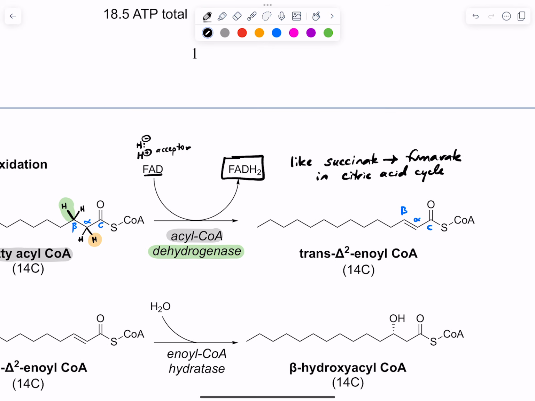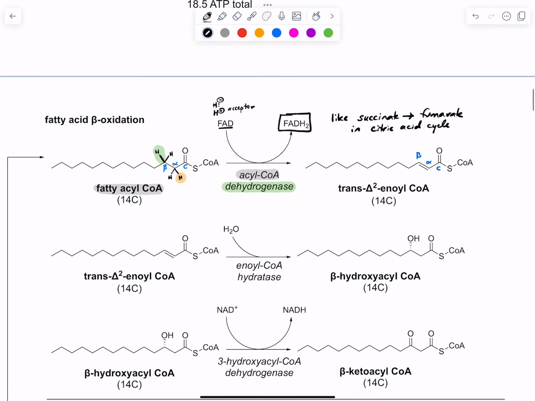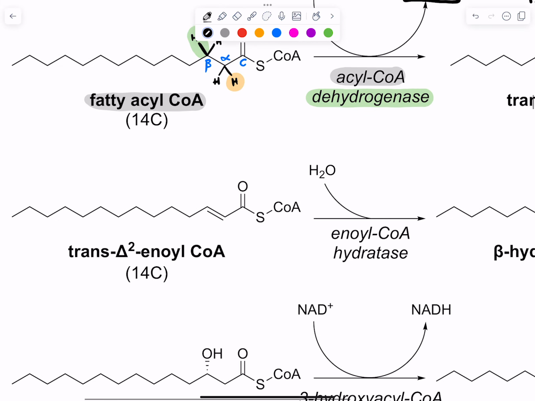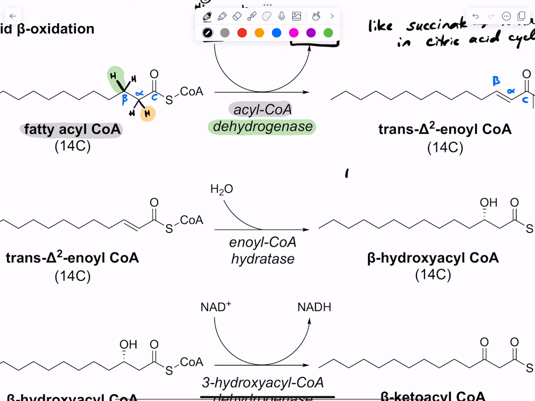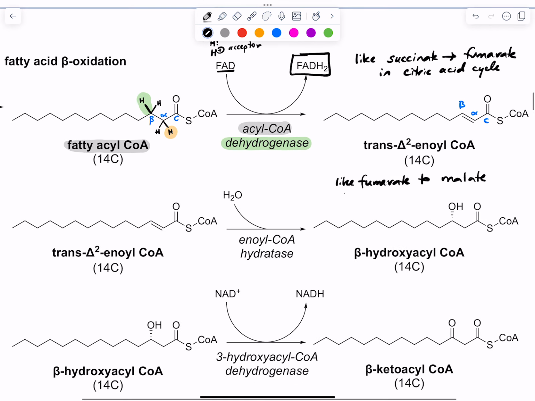So seeing connections to things you've seen before will be important. Next, just as we did, this next step is going to be like fumarate. That's terrible penmanship. Fumarate to malate in the citric acid cycle.